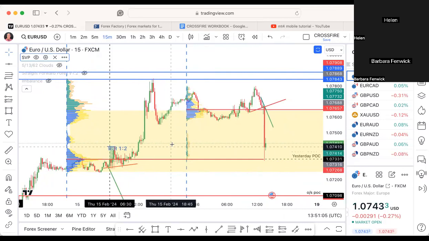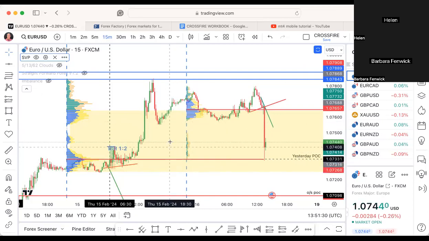Now, the difference today is, whereas yesterday the POC was sort of midway, half and half, on this occasion the POC is roughly 80% above the POC and 20% below the POC.